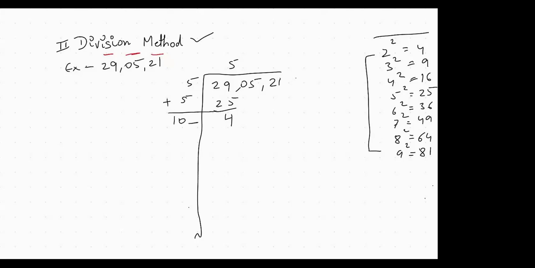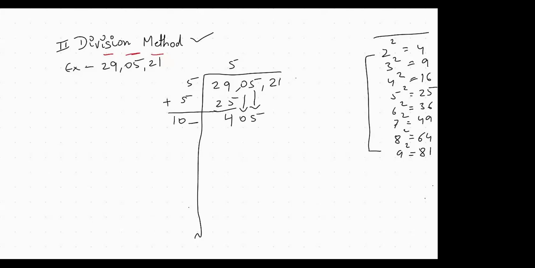Now 05 is my second pair. Because it is a pair, I will take both 0 and 5 together in pair, so 405. Now, after 10, what number should I put that will be lesser than 405?